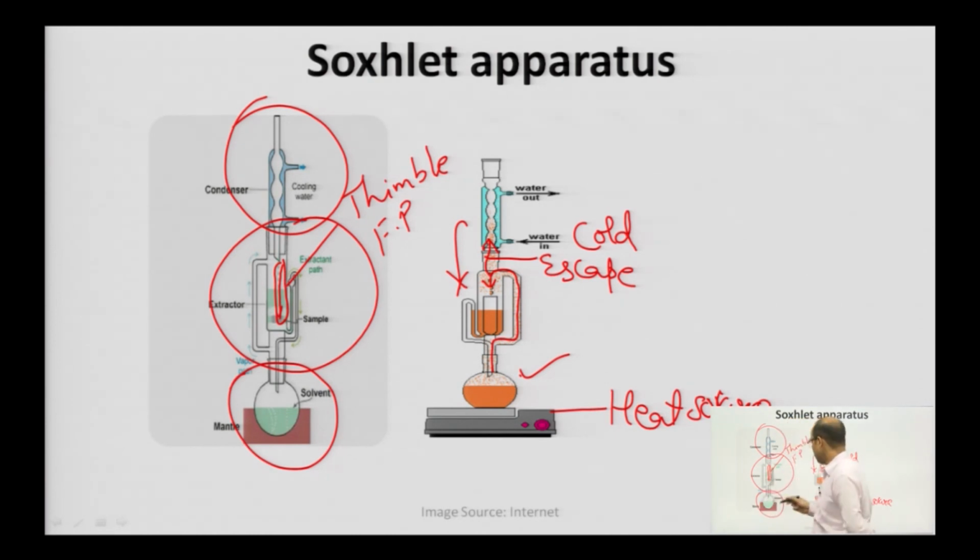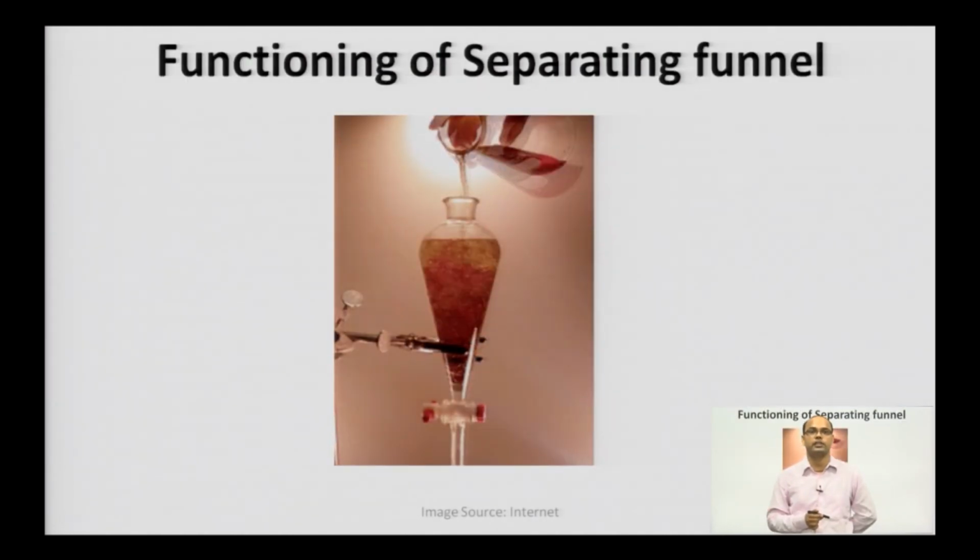As soon as the extractor fills up to this height, there is a side tube called the siphon tube, and through this siphon tube the solvent re-enters, extract plus solvent, into the reservoir. In this way your Soxhlet apparatus works in extraction.